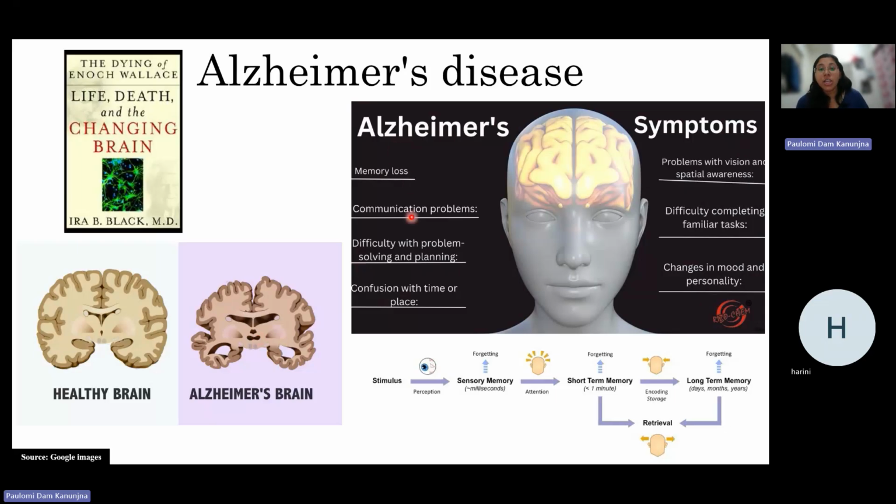You have memory loss, you start having problems in communication, difficulty in problem solving and planning, a very confused state, and changes in behavior in terms of mood and personality. All of these different changes are observed in Alzheimer's. You can basically club them into two main categories: memory loss and cognitive decline. And along with this, you see behavioral changes.